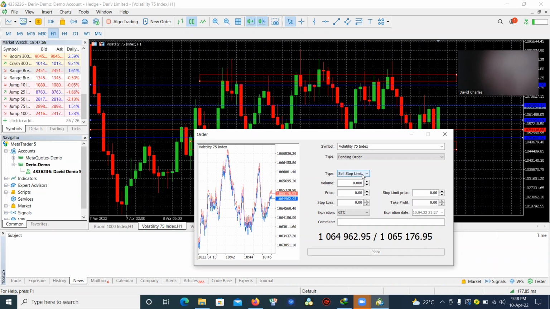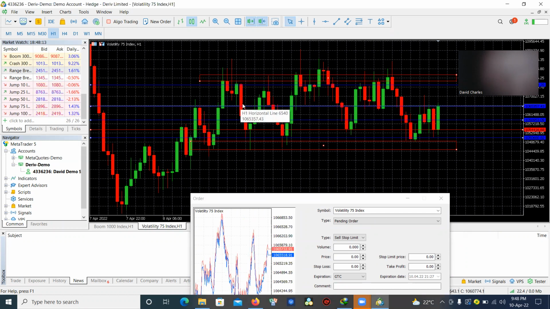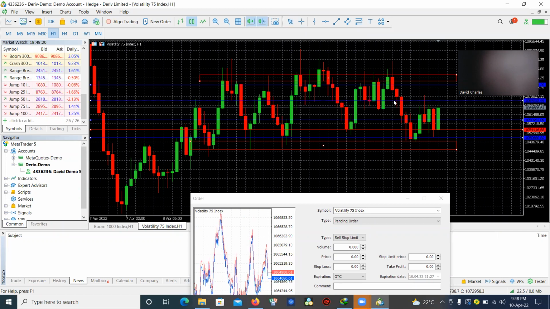But the other ones I was talking about is, for the sell limit, the sell stop, I'm looking for a good example. Okay, like now, let's say for instance you had seen this movement and then you're like, I just want to take a buy, not for many pips.